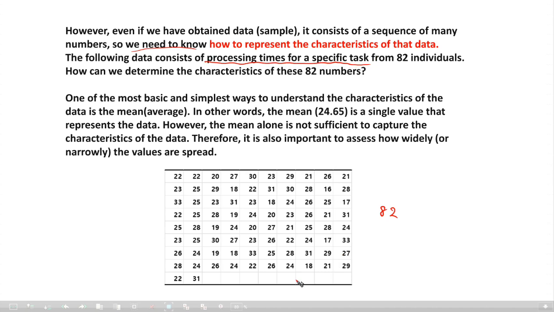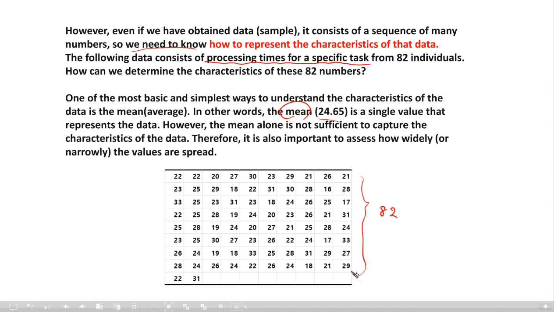What can we use to represent these 82 numbers? That is the mean. The mean is 24.65, representing these 82 numbers. So the mean is a simple and basic way to represent these 82 numbers.